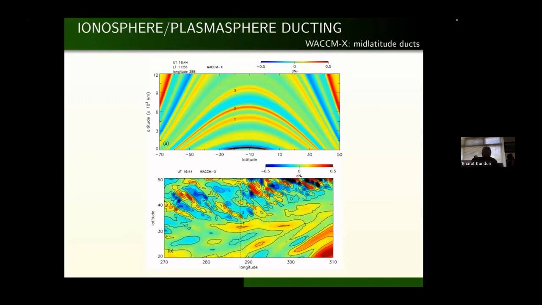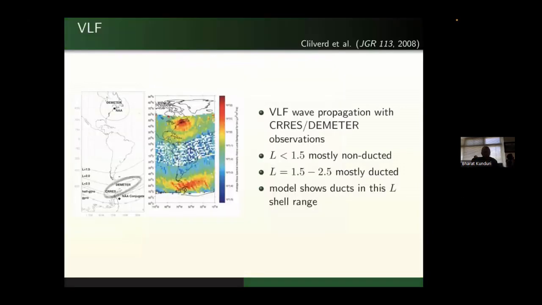So then this is some measurements reported by Claverd a number of years ago. What they were showing here is, in this region, there's a VLF transmitter. And then on the Demeter satellite, they had a receiver to receive the signal generated by the transmitter.